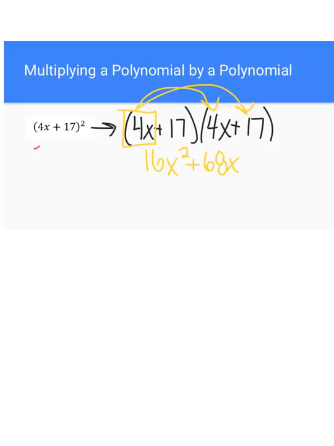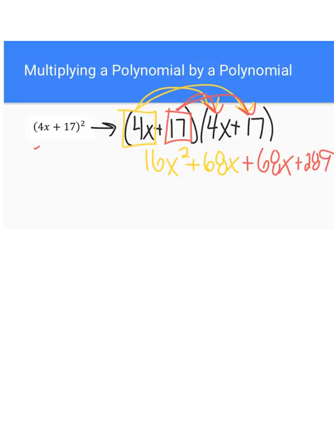Okay, 4x can take a break, and let's bring in our second piece. That's 17. Okay, so 17 is going to get multiplied by the 4x to give us 68x, and 17 will get multiplied by 17 to give us 289. Woo!